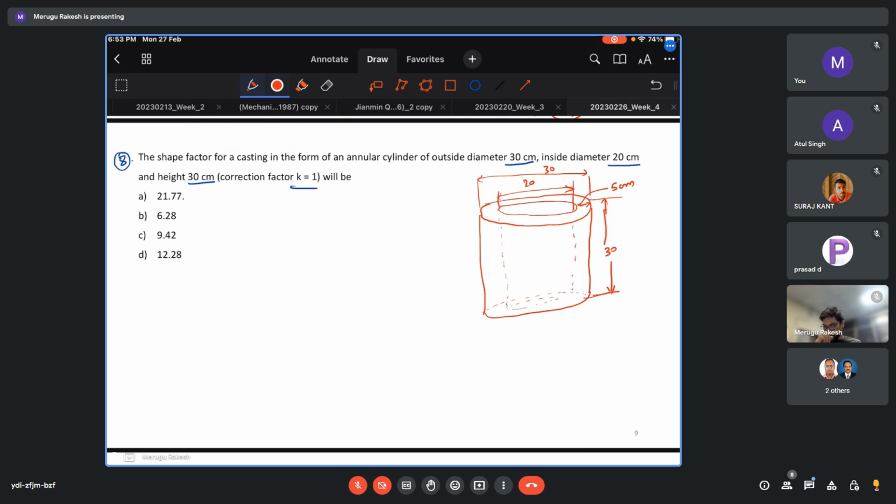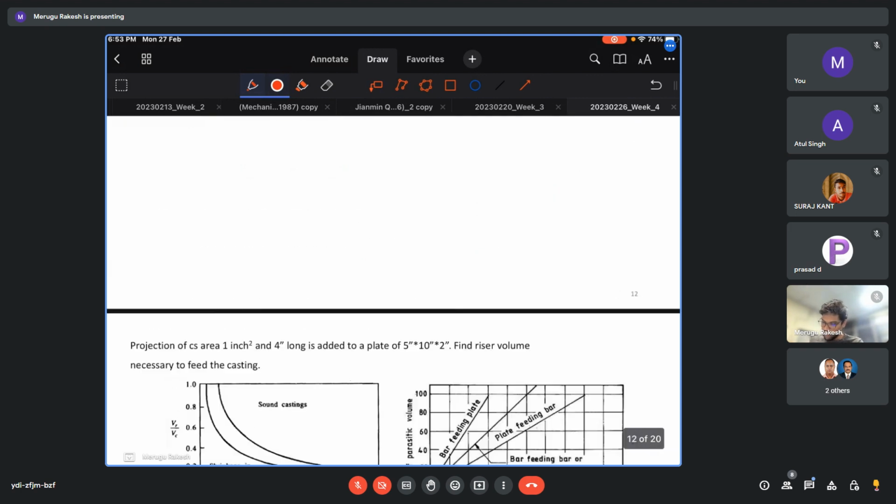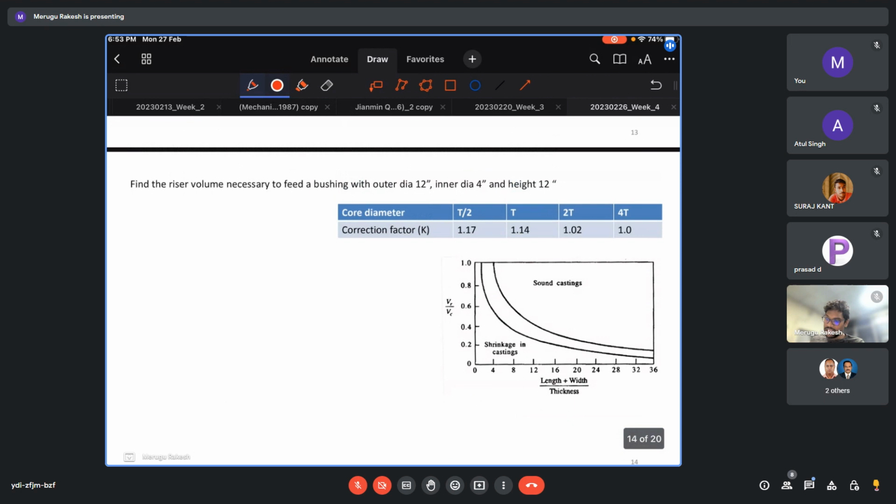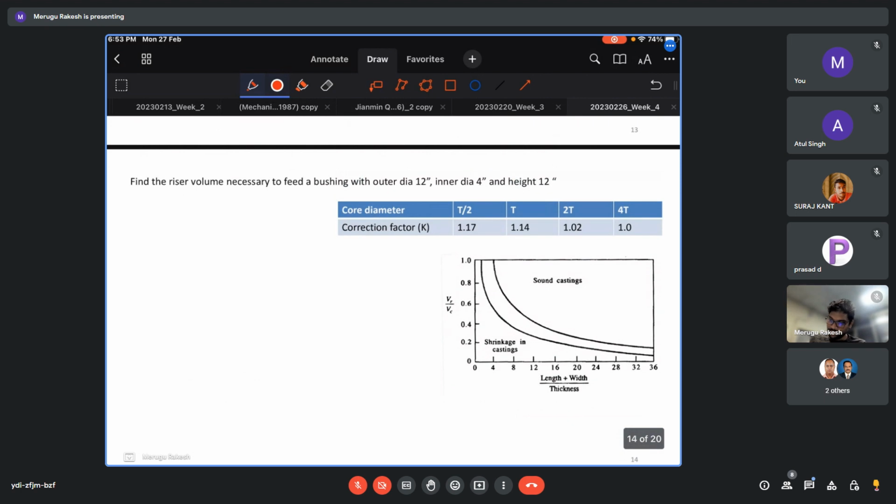Okay, so now we need to see. So this correction factor, if you remember the table of the correction factor, I think I can show you. So this is the correction factor. If the core diameter, so the inner diameter, is equal to t, then we have 1.14.